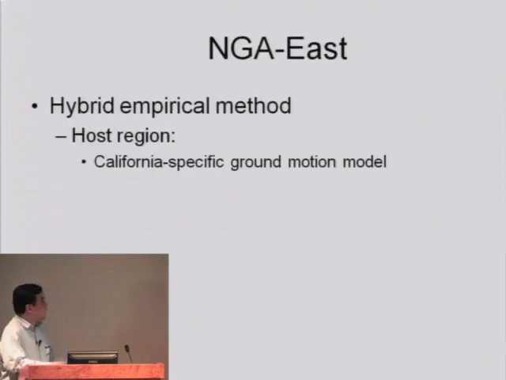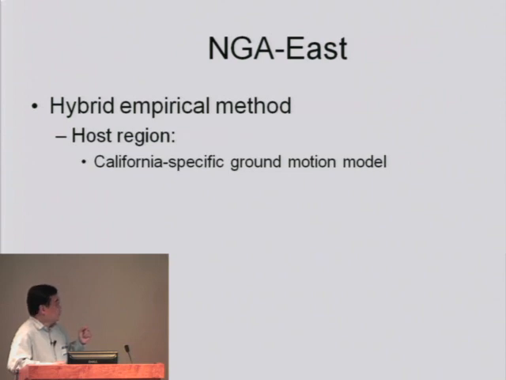So what is the implication of what I just showed you for the NGA East studies? In NGA East, a hybrid empirical method proposed by Ken has been used to develop an attenuation model for the eastern United States. In his methodology, the host region is California.